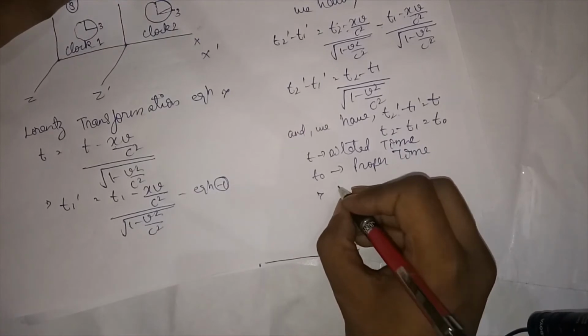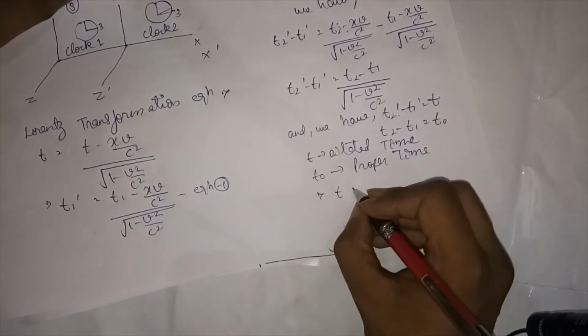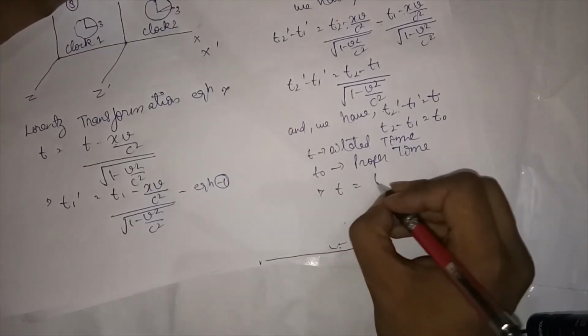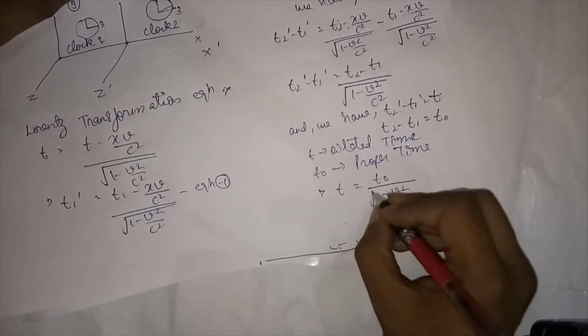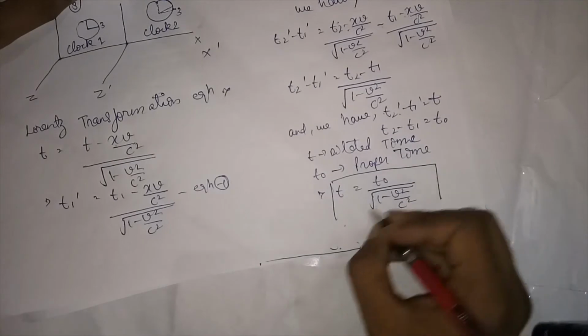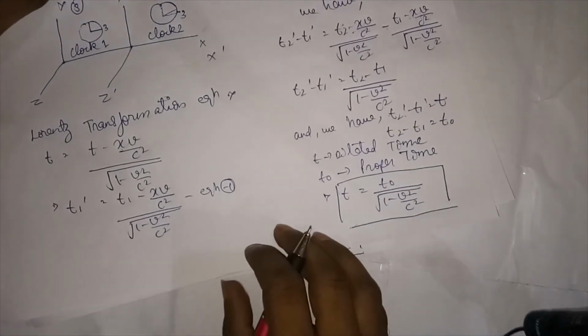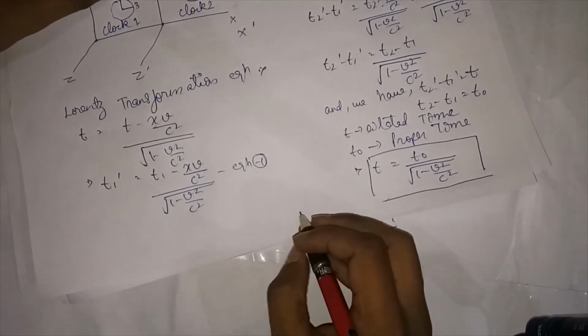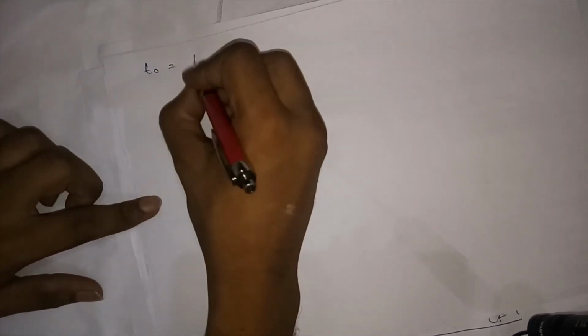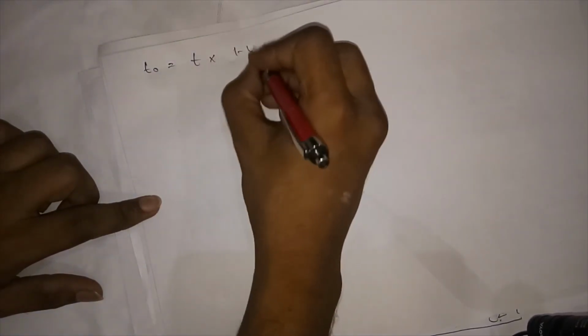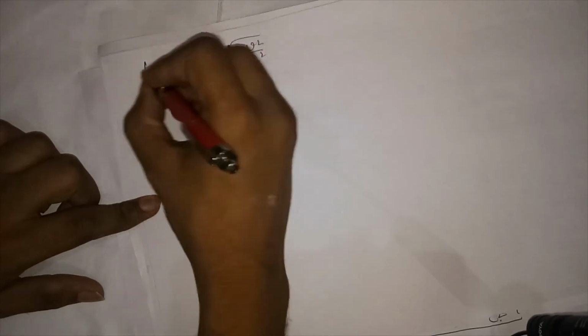So we will be left with t equal to t naught upon under root 1 minus v square upon c square. This is the derivation of time dilation, and we can conclude that t naught equal to t into under root 1 minus v square upon c square.